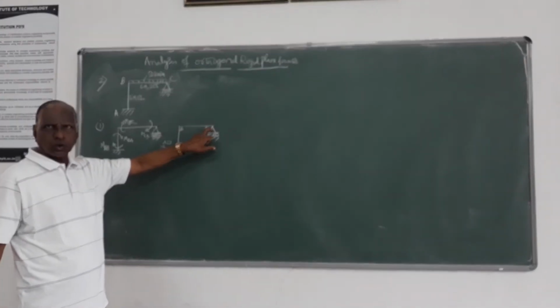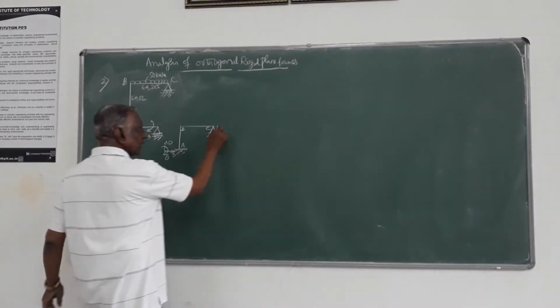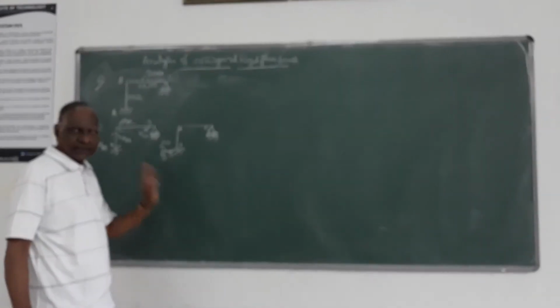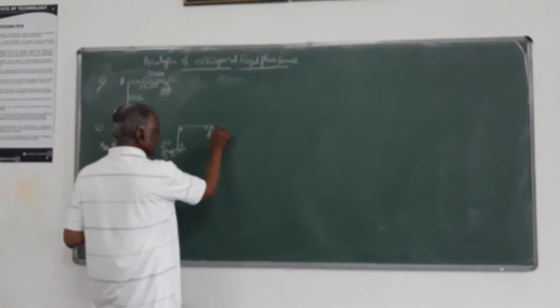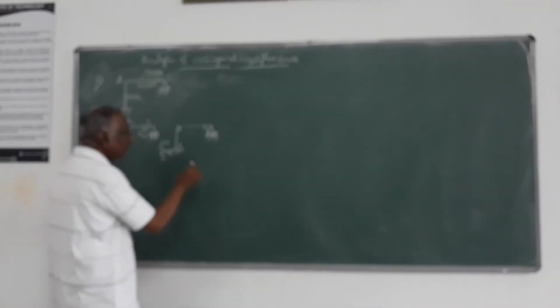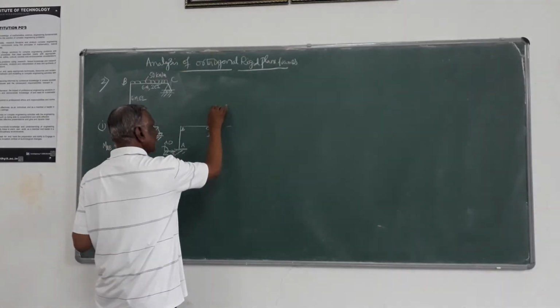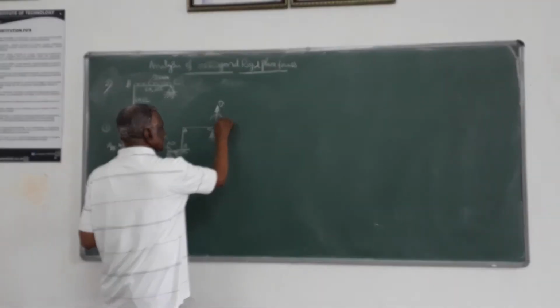Then this is a roller. In the case of a roller, horizontal displacement is possible, that we will keep as it is. But vertical displacement is not possible. Rotation is possible, theta C.